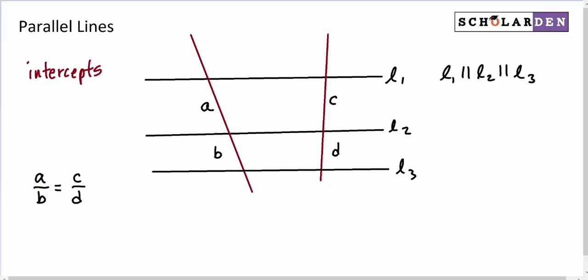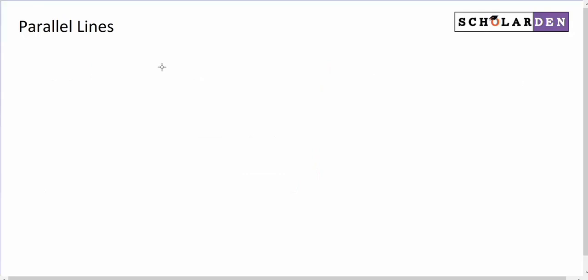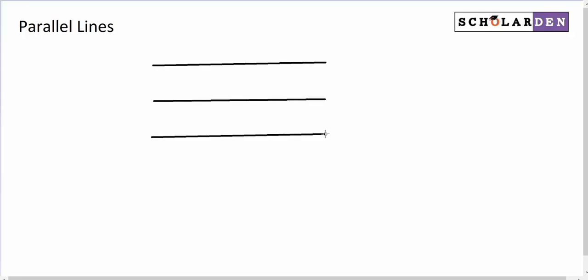So let's use that property to do an example problem. I'll make 3 parallel lines, and now I'll make 2 transversals going through those.